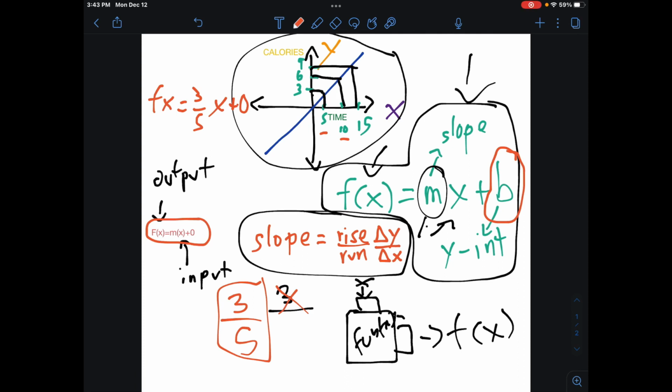And our y-intercept comes from, and I'm sure some of you already know this, especially my mathematicians, where our graph crosses through the y-axis, which here is calories and runs vertically.